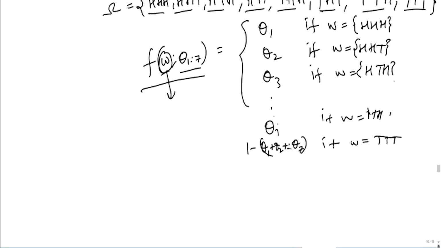So the only way we can get rid of this problem is, rather than having these categorical values for omega, can we define this function on a numeric space, not on a categorical space? And how can we do that? If we can somehow transform this sample space. What is our sample space?